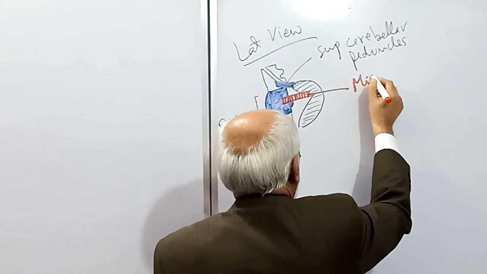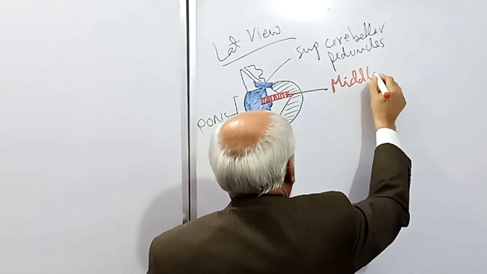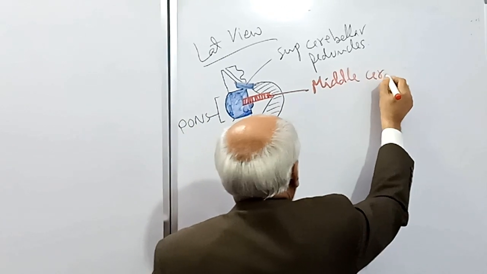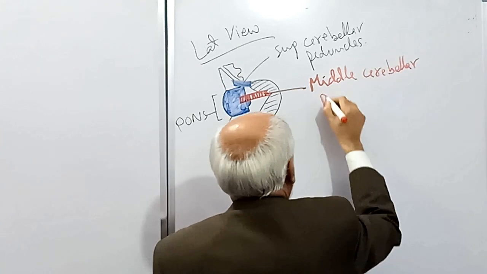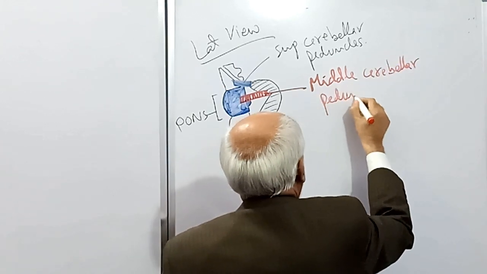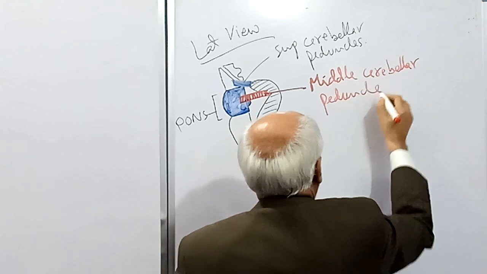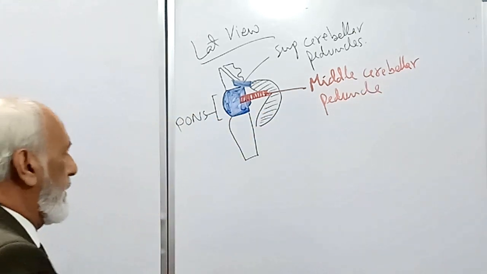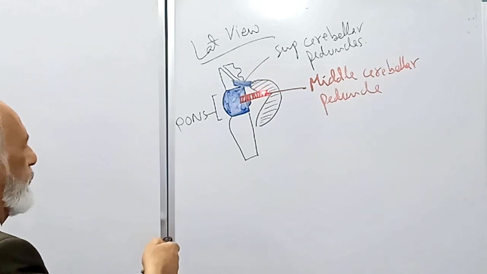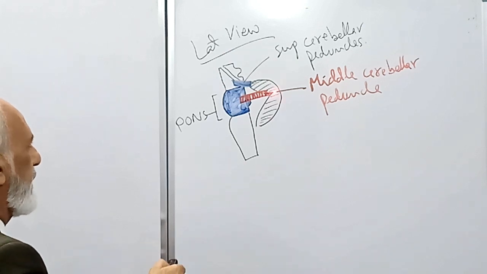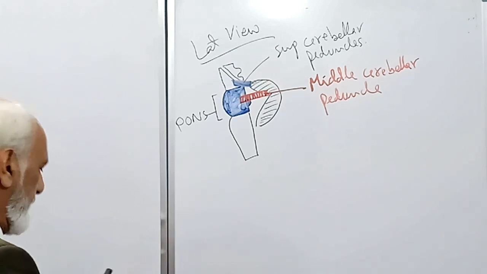Then again, a pair of middle cerebellar peduncles. This is, suppose, the middle cerebellar peduncle of one side, and the other will be on the opposite side, connecting the cerebellum with the pons.